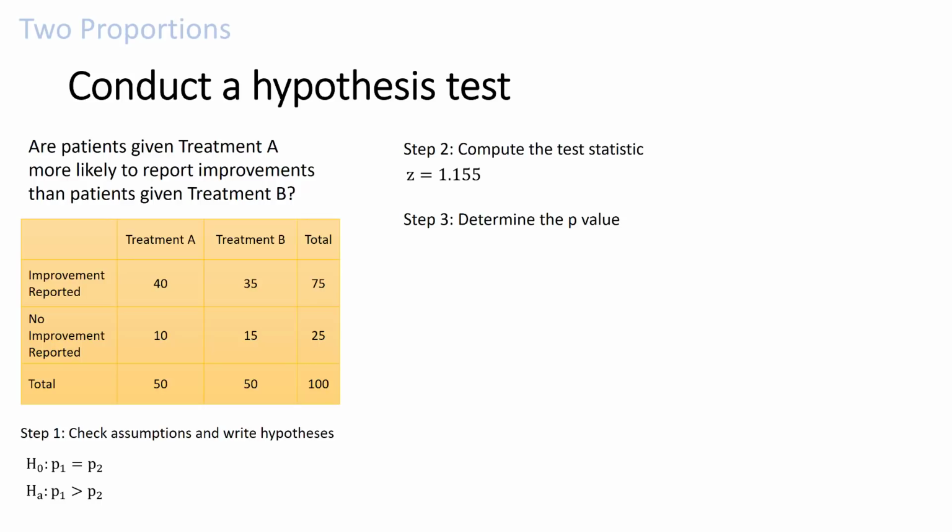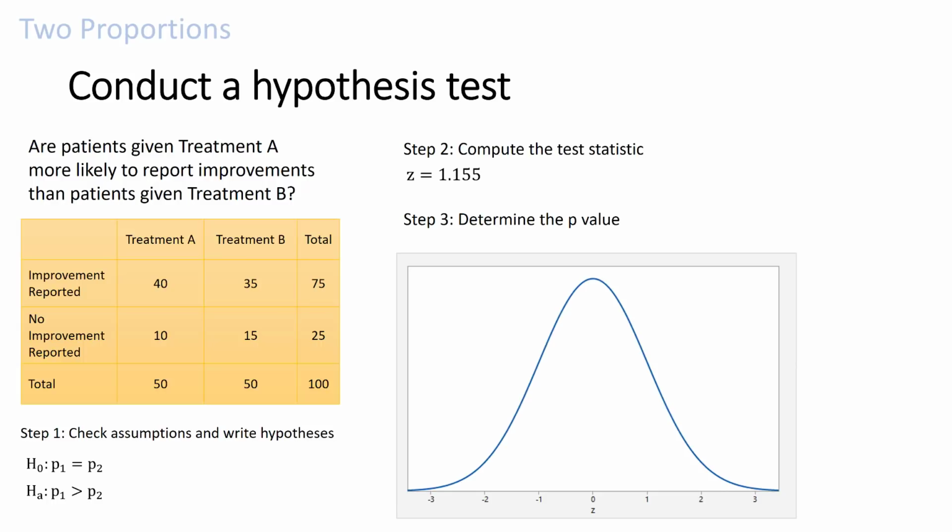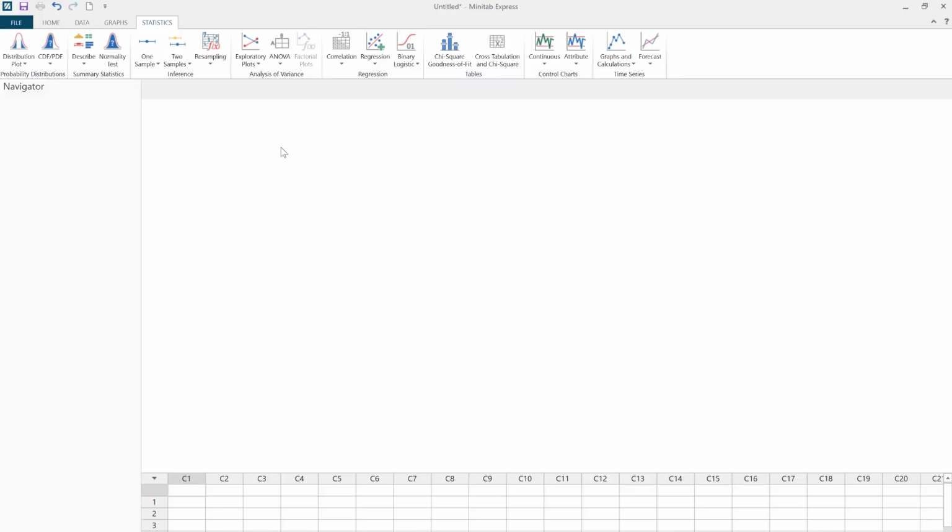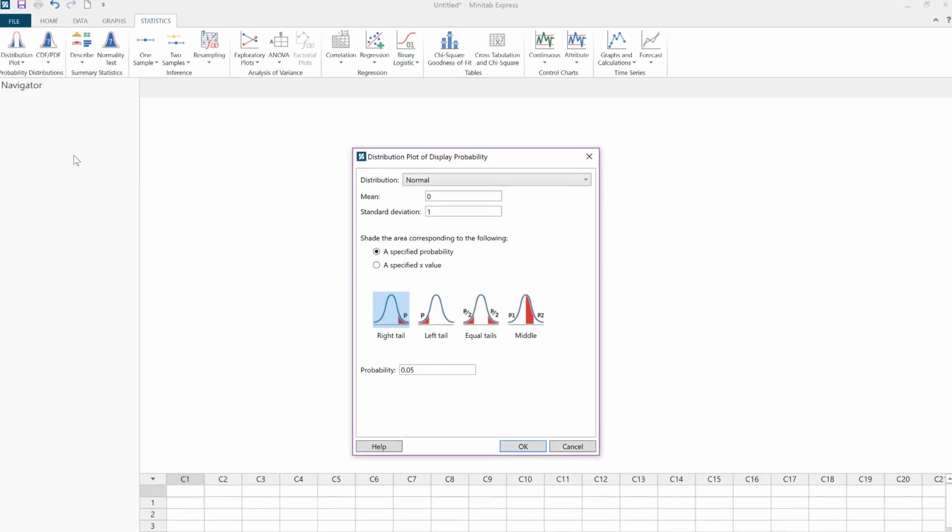Looking back at step 1, we have a right-tailed test. Our p-value will be the area under a z distribution to the right of 1.155. I'll take you to Minitab Express now to find that area. I'm going to construct a probability distribution plot to display the probability.